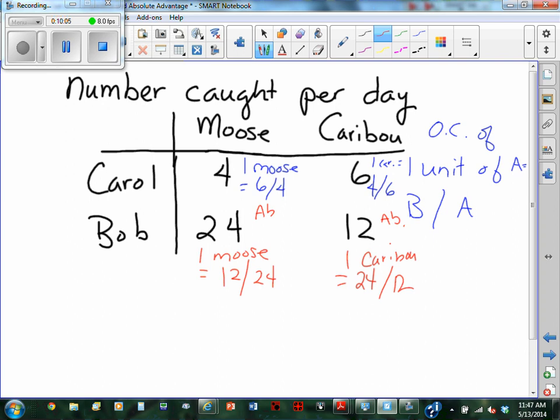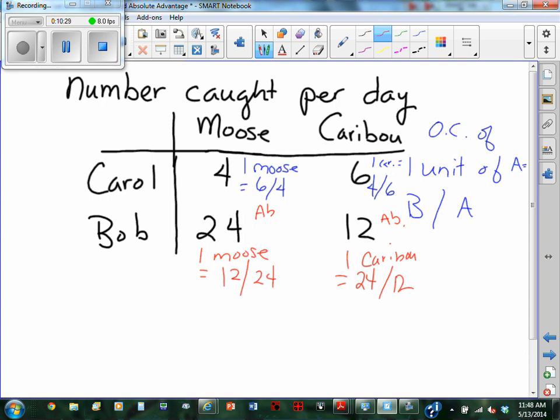This one's actually a little bit easier than the other one because you have numbers that are less than 1 compared to numbers that are greater than 1. And we don't need to simplify at all in order to figure out who's got comparative advantage. So if we're just looking at moose hunting, the moose that Carol caught cost 6/4 of a caribou.